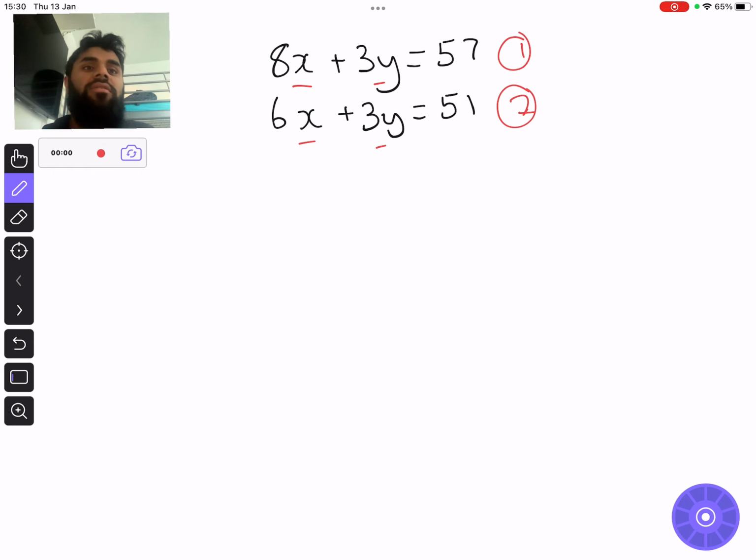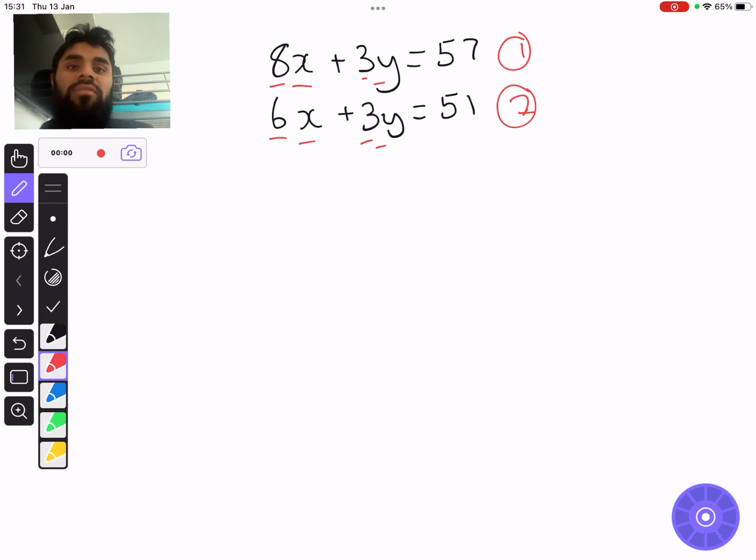Okay, and as you can see, the x's are not the same because we have 8x in one and 6x in the other. However, in the second variable, the y's, the coefficients are the same. So the 3 is the same in the top one as in the bottom one. So we're going to use the process of elimination.